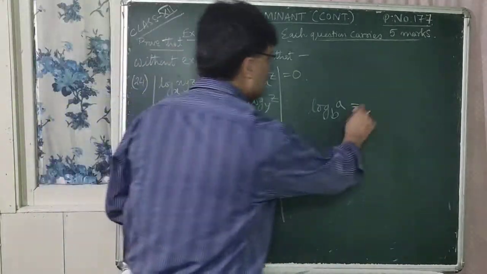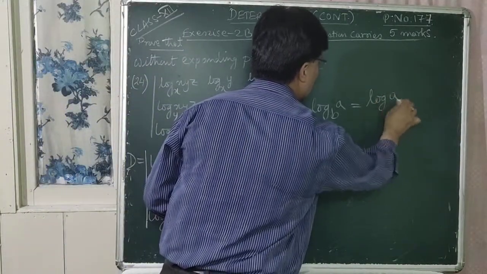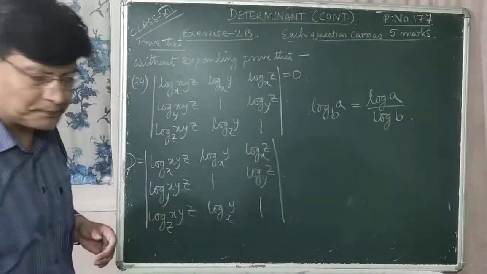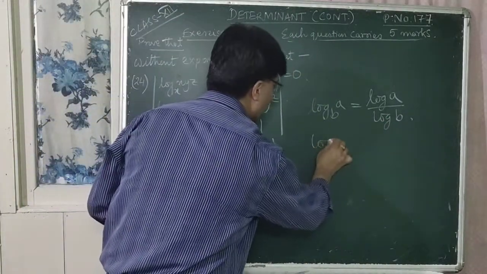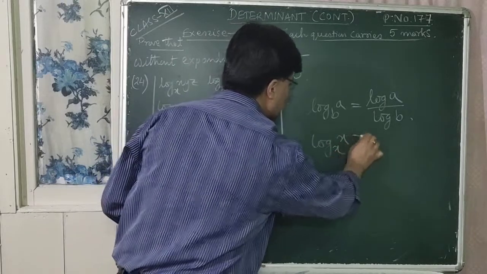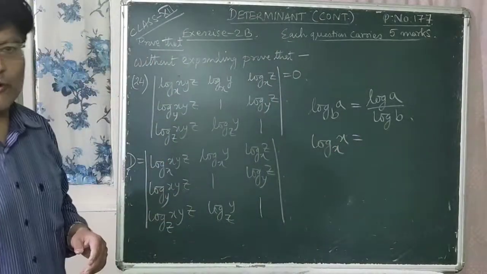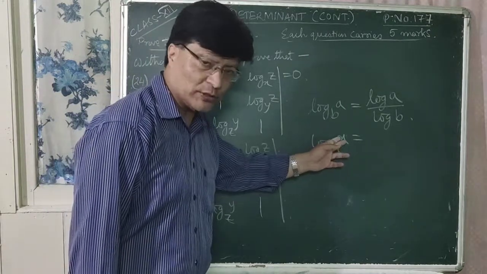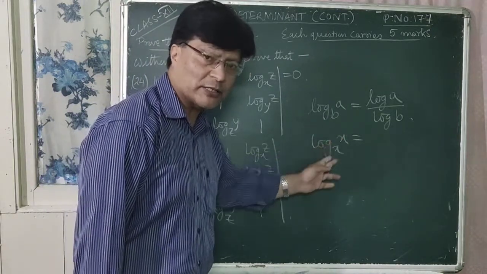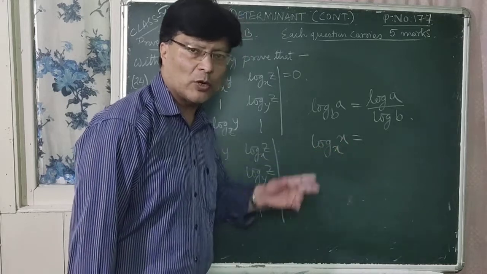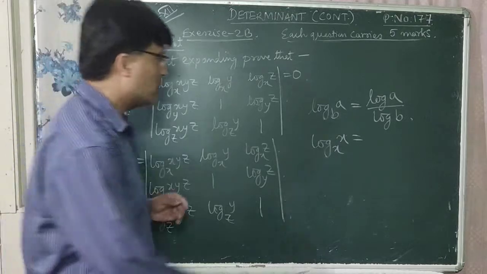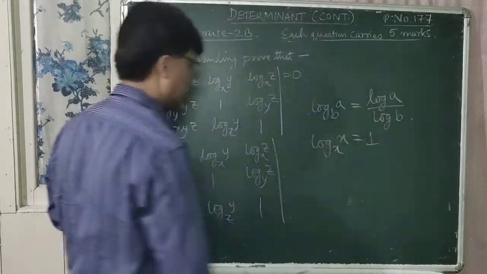Log A base B is defined as log A upon log B. If we have log x base x, what is its value? If you write in terms of fraction, it will be log x by log x, which is always 1. Clear? So its value is always 1.